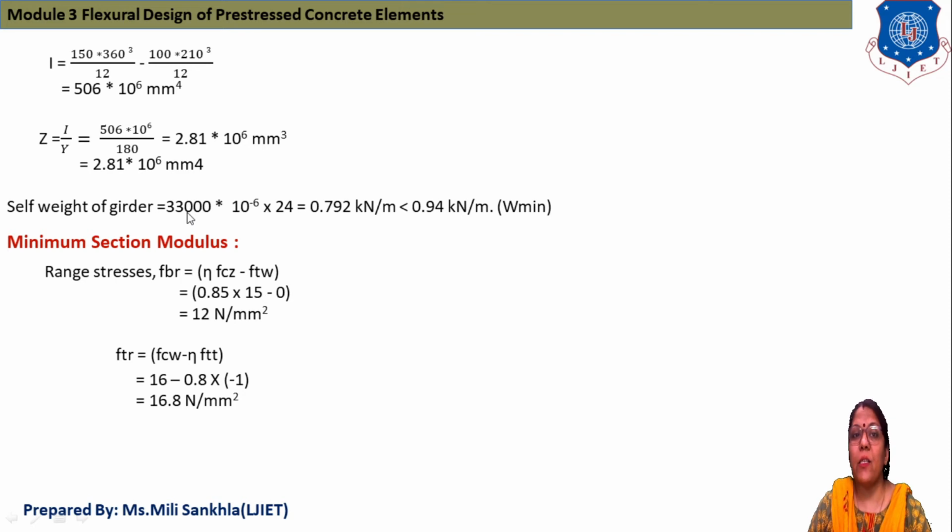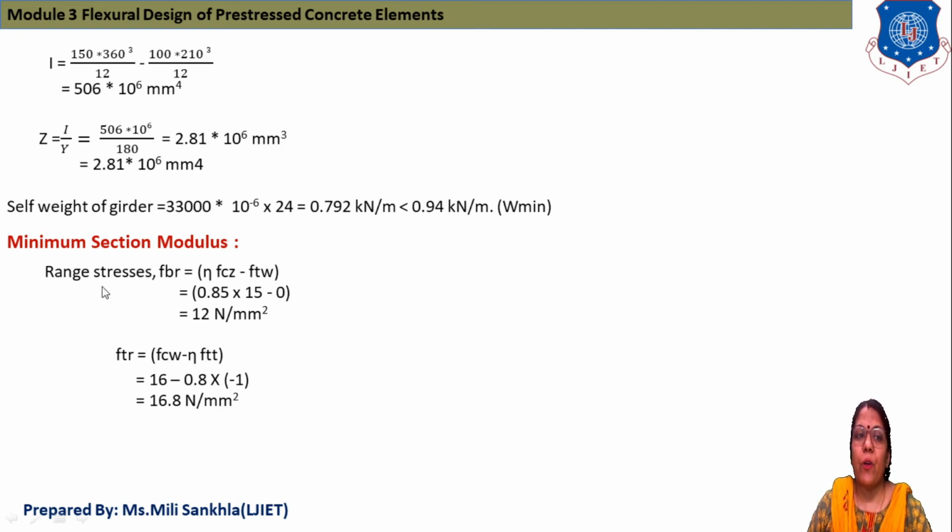Self-weight of girder is equal to area into density, and this area is given in mm square, so we convert into meter square, 10 raised to minus 6, and 24. Then we get self-weight is 0.792 kilonewton per meter, and this self-weight is less than 0.94 kilonewton per meter that we found. Minimum section modulus, find this value.